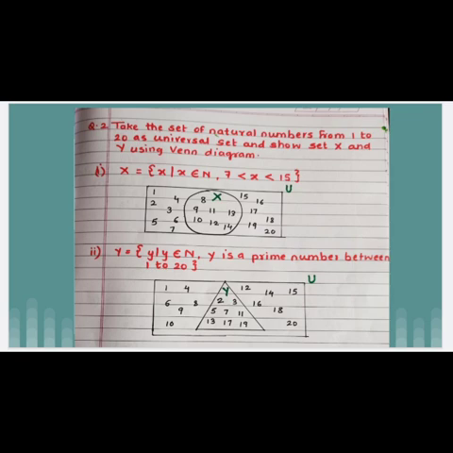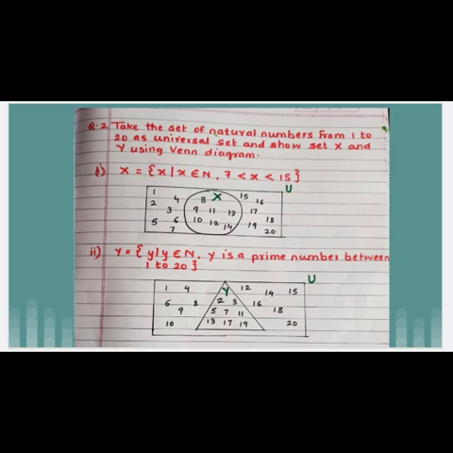Now see the second sub question. Y, curly bracket, y such that y belongs to N. Y is a prime number between 1 to 20. Okay. Now prime numbers between 1 to 20 means which numbers? 2, 3, 5, 7, 11, 13, 17, 19.